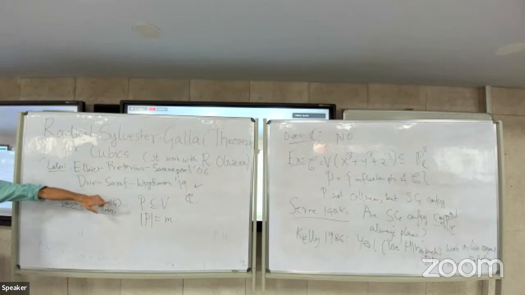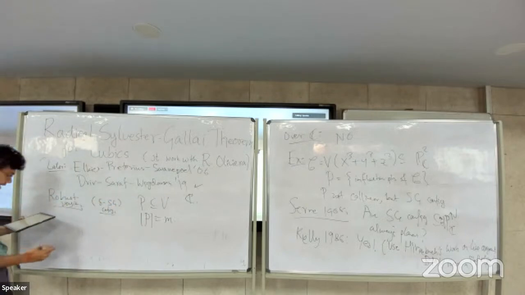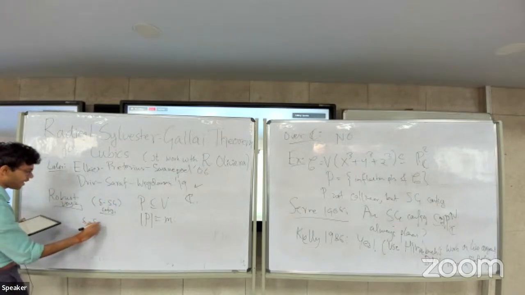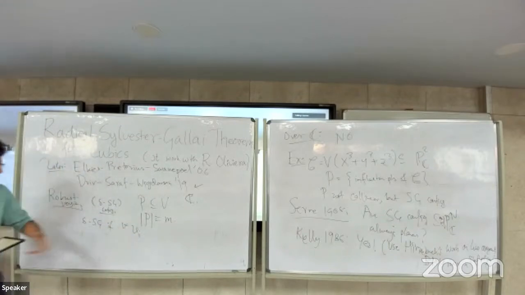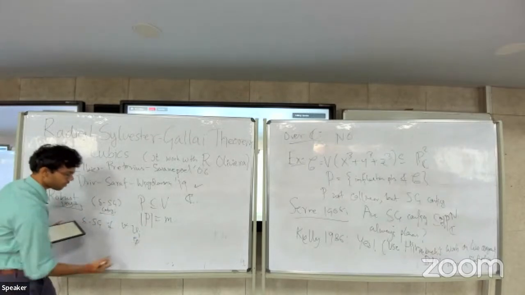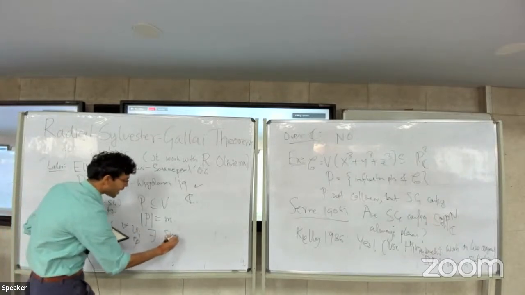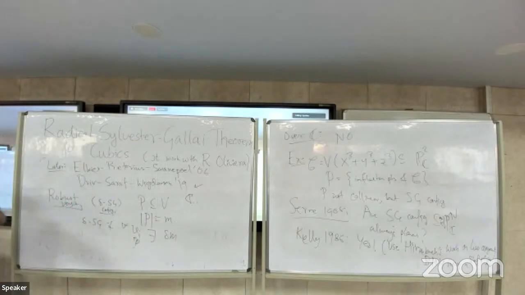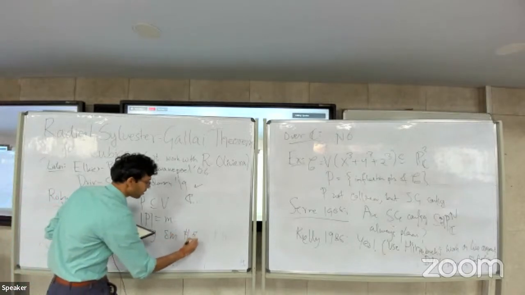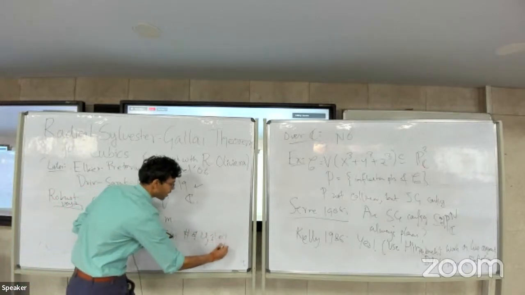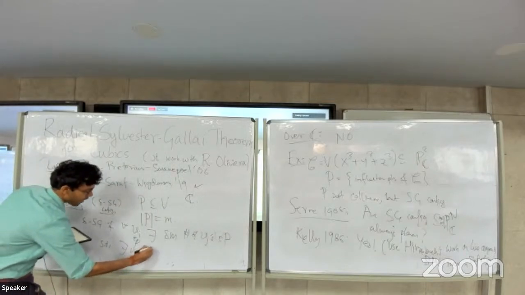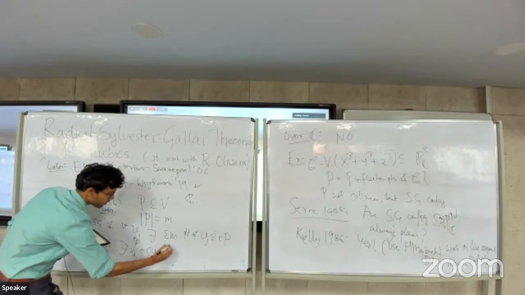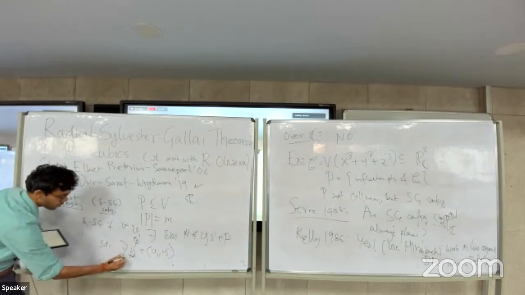We call this set a delta Sylvester-Gallai configuration, delta SG, if for all Vi in P, there exist delta m other vectors Vj in P such that there exists a Vk in the span of Vi and Vj, and of course Vk is not equal to Vi or Vj.